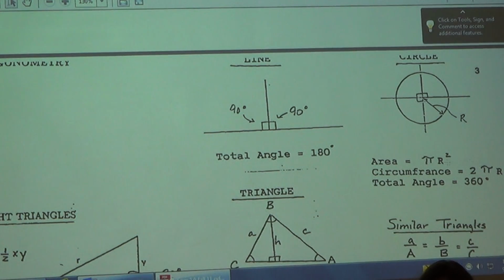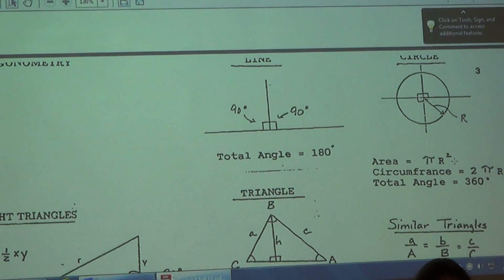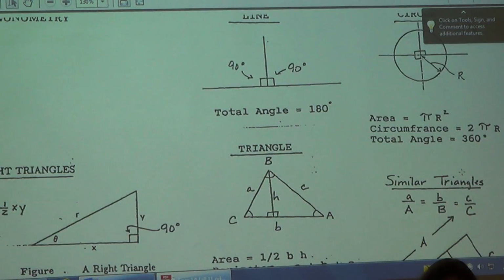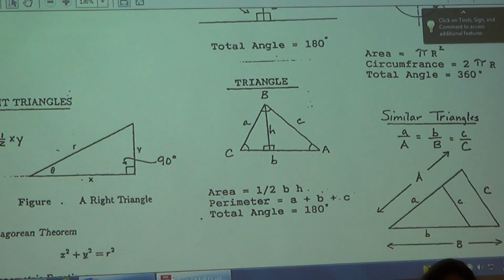The way I remember these is they both have a 2, an r, and a pi in them. And if I'm squaring an r, I'm squaring a distance, so I must get an area. That's how I remember it. The total interior angle in here is 360. We already looked at the area of a triangle, 1/2 base times height. The perimeter, if you want to put a fence around the whole thing, is the distance of A plus C plus B. And the total angle, angle A plus angle B plus angle C, is 180.